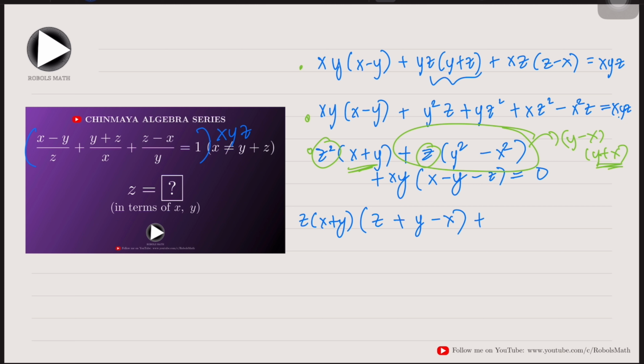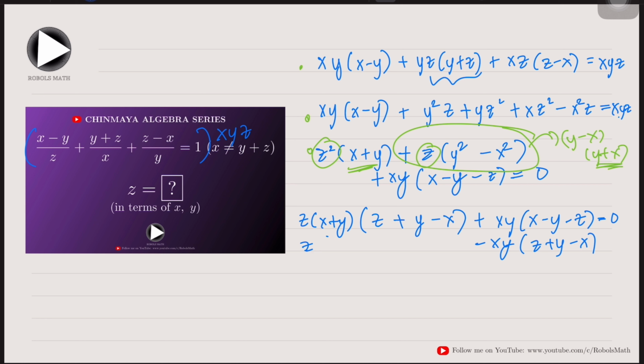And then we keep the xy times (x minus y minus z) here is equal to 0. Note that we have here z plus y minus x, while we have x minus y minus z here. But we can write the second one as the negative of xy times (z plus y minus x).